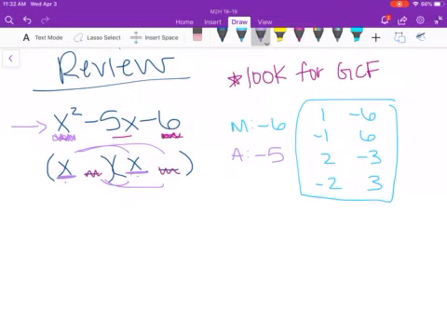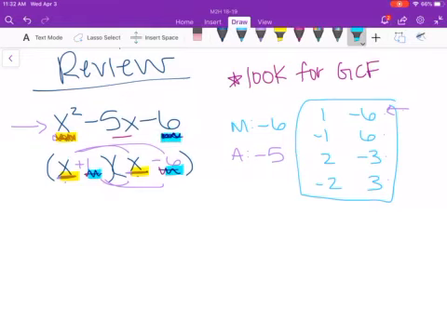So we're looking for two numbers that fit that description. Taking a look at the four options we have, the one that would work is 1 and negative 6. It just happened to be the first one. It may not have been the first one that you tried, but if we put a positive 1 and a negative 6 here, we can double check our work. We could multiply the whole thing out, but we already know that those two numbers multiply to be x squared, and these numbers multiply to be negative 6.